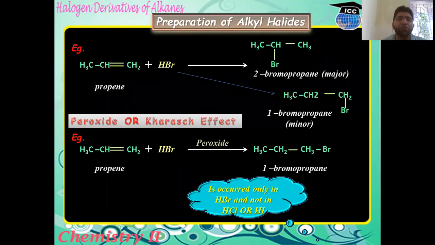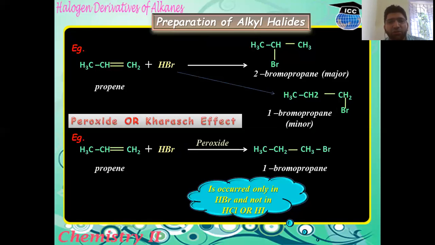Now this is governed by Markovnikov's rule, that the negative part of the unsymmetrical reagent, that is Br, will add to the carbon having lesser number of hydrogen atoms. In the alkene there are two carbons, carbon 1 and 2. Carbon 1 has 2 hydrogens and carbon 2 has 1 hydrogen.